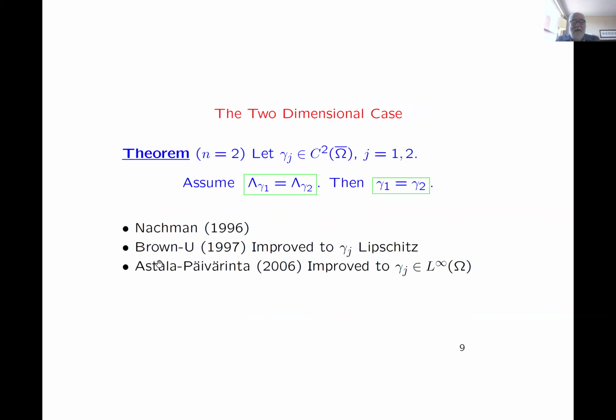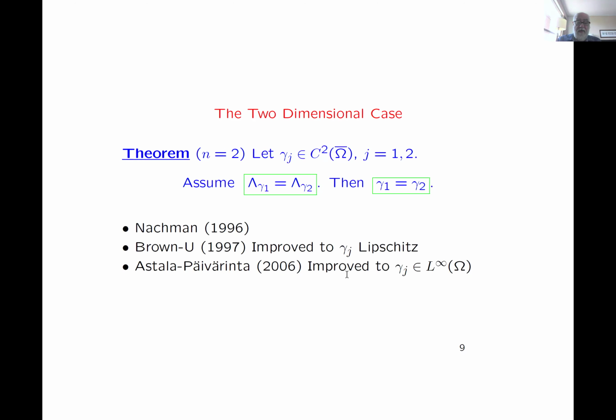In the two-dimensional case, the first result was by Nachman for C2 conductivities in '96, and it was improved to one derivative, but the seminal result is by Astala and Päivärinta, who were able to prove this result for bounded and measurable conductivity, which is the best possible in some sense.